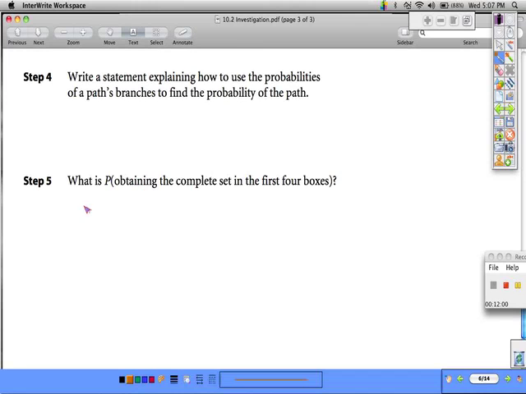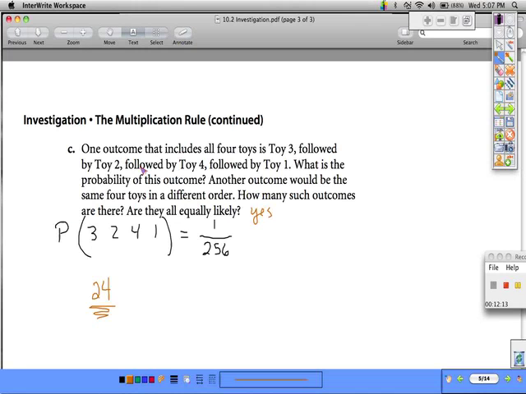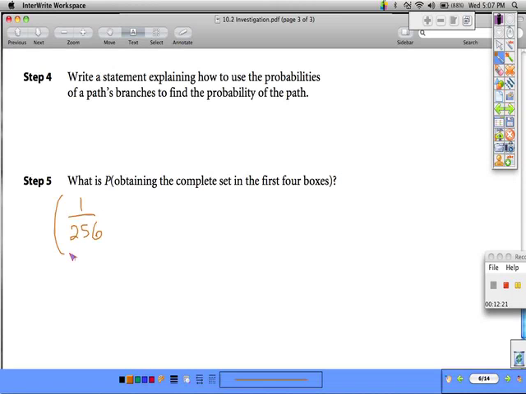So in this case, it was 1 over 256 to get that, the one in step number 2, right here, 3, 2, 4, 1. And then we have to add 24 of those together. In other words, do this times 24.